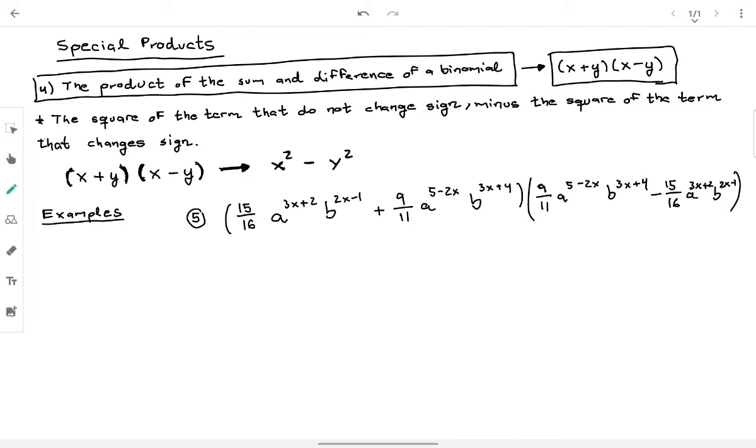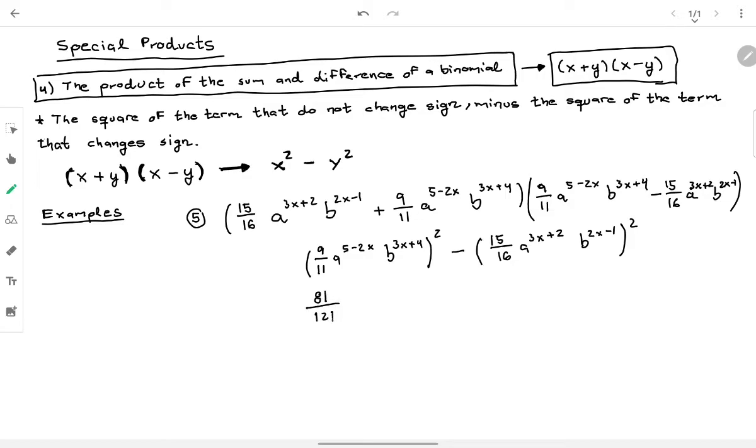So in this case, it's going to be the term that doesn't change sign squared minus the term that changes sign squared. So in this case, it's going to be 81 over 121.